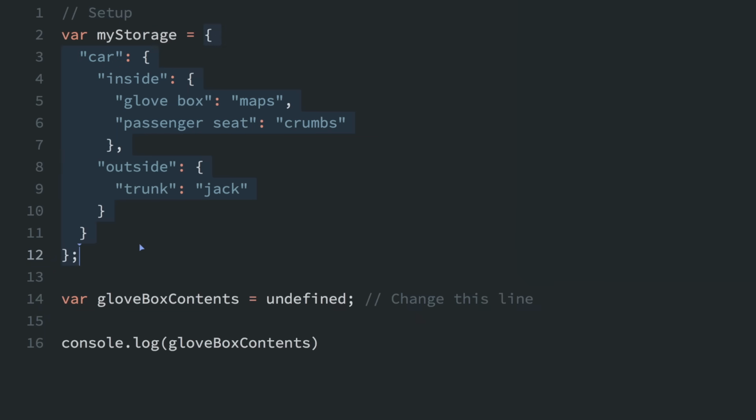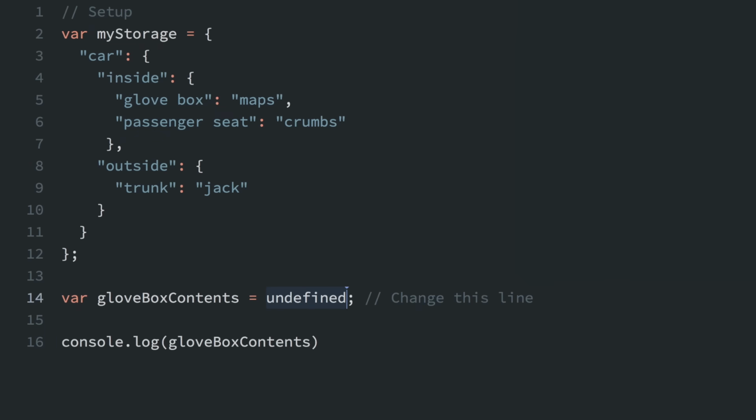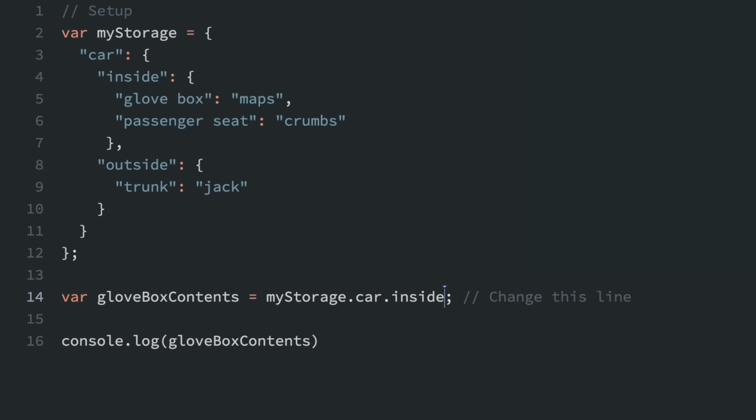Here we have an object with other objects nested inside that. In order to access subproperties of an object, you can chain together the dot or bracket notation. I'm trying to get the glove box contents. So I'm going to take away this undefined here, and I'll do my storage dot car dot inside.